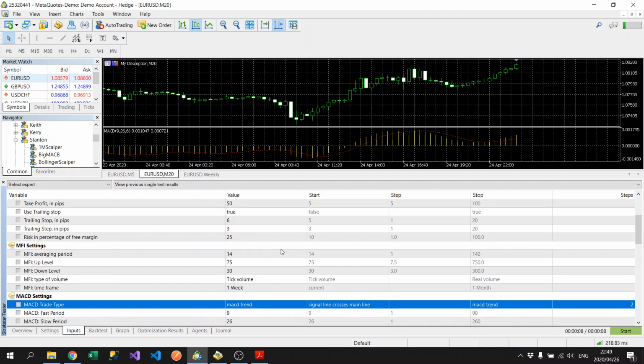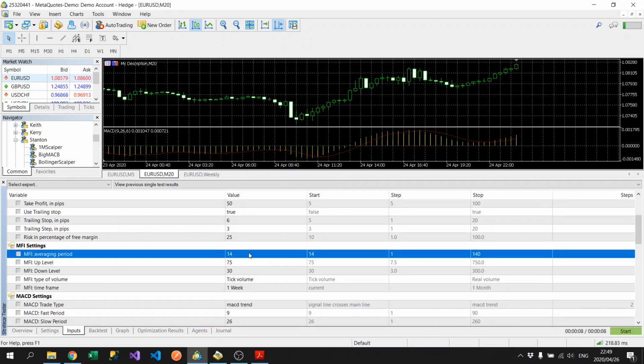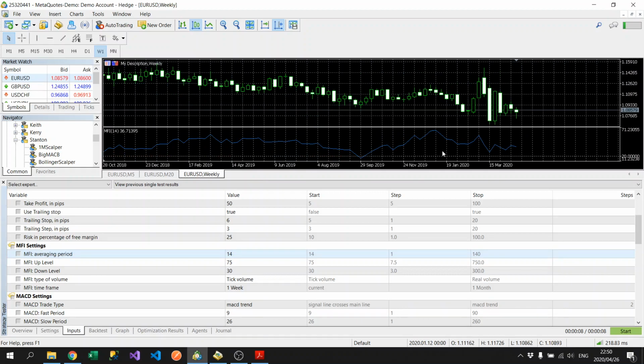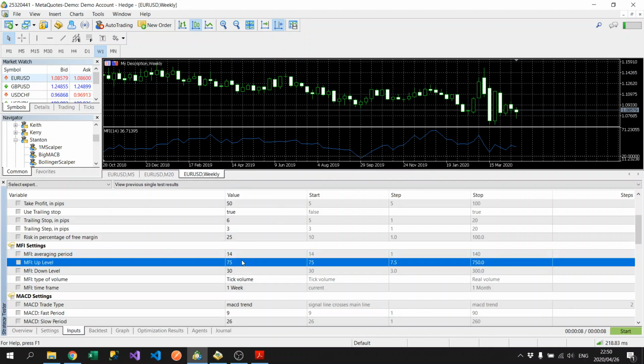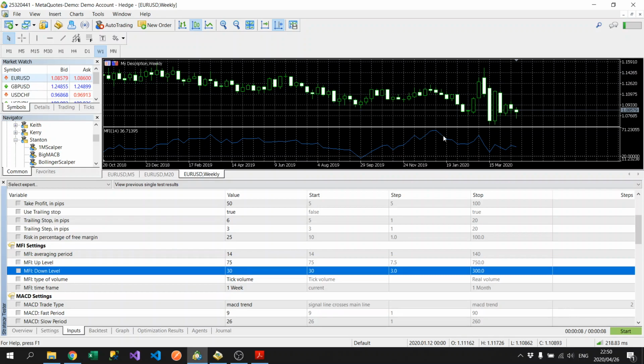Okay, now we're going to look at the MFI settings. The MFI is the Money Flow Index. We're using this as a trading range in this algorithm. What does that mean? If we look at the indicator itself, according to this, we've got the upper level at 75 and the lower level at 30.